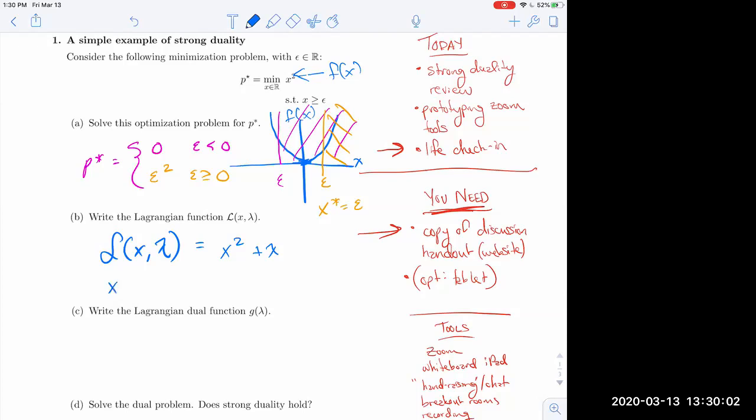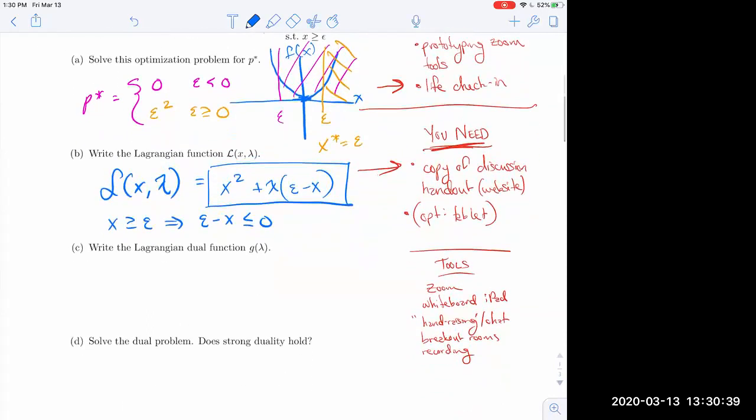Right now our constraint is x greater than or equal to epsilon, which is equivalent to epsilon minus x is less than or equal to 0. Remember that we want our inequality constraints always set less than or equal to 0, so that when we eventually maximize over lambda, everything works out properly. So in this case, we will have plus lambda times epsilon minus x. Okay, so that's going to be our solution for that second part.